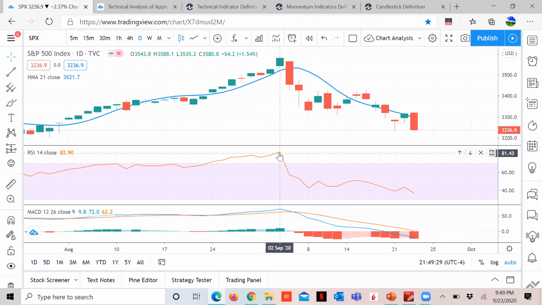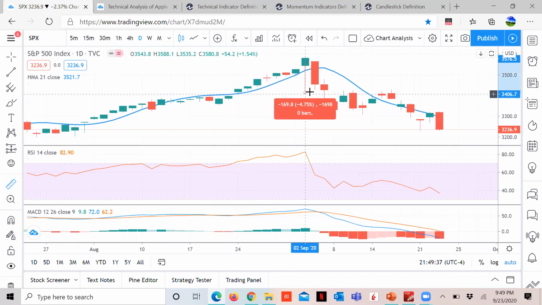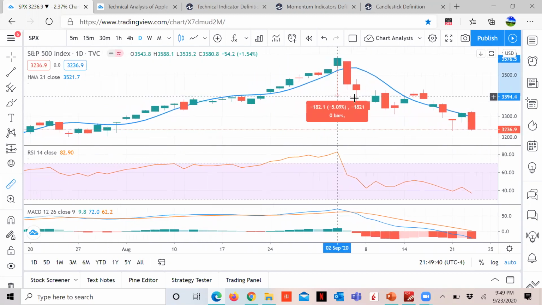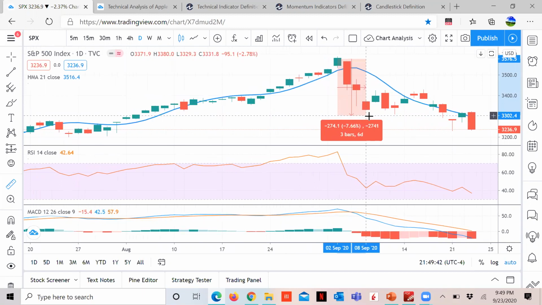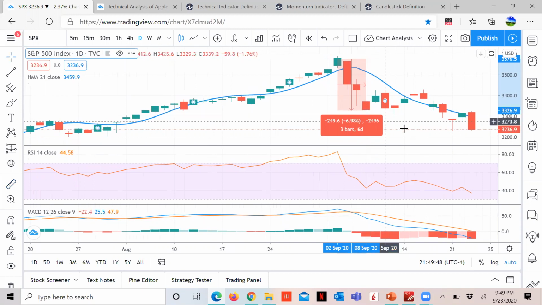Let's say on September 2nd, after September 2nd, let's measure it from here. Roughly, I'm just eyeballing it. You see what the descent is? 7%, right?